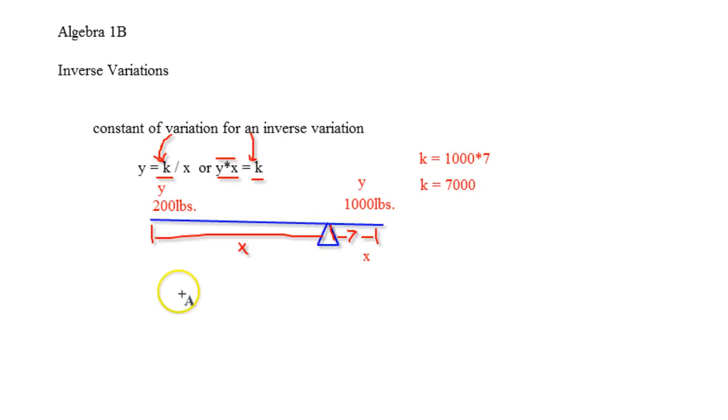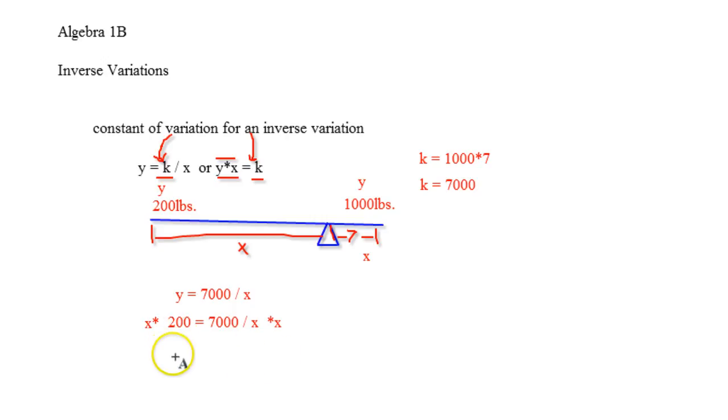Now I'm going to plug it back into the problem, and I get y equals 7,000 divided by x. I know that the new y is 200, so if I plug in 200 equals 7,000 divided by x, I'm going to multiply both sides by x just to solve it.